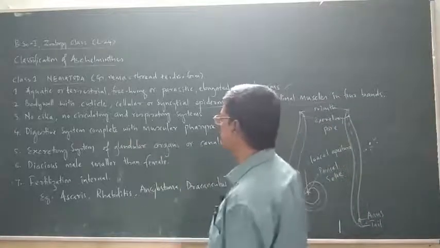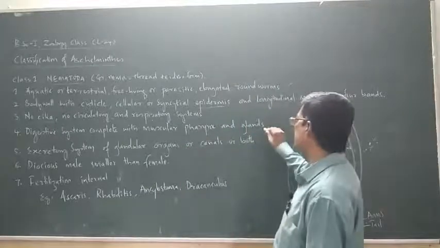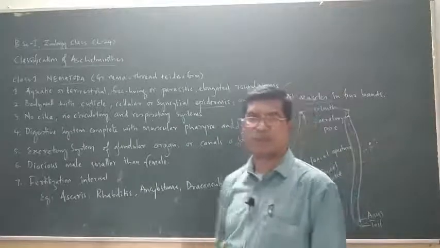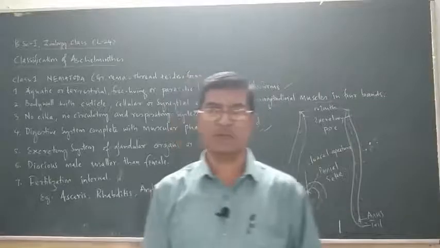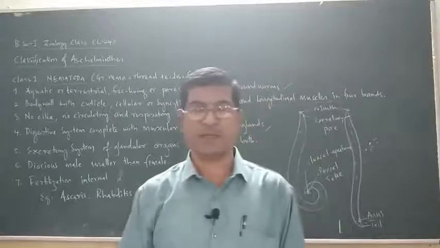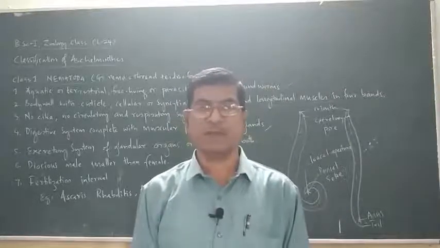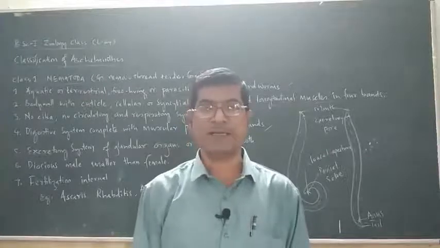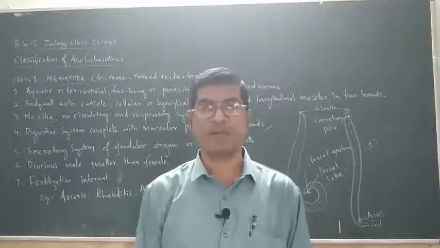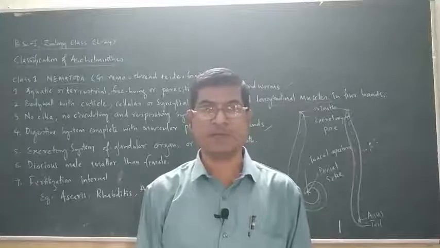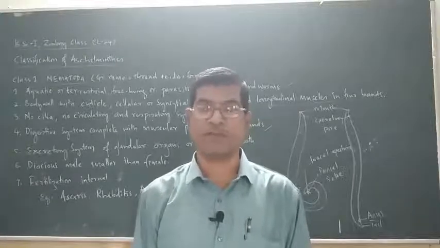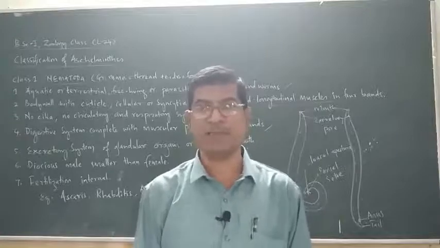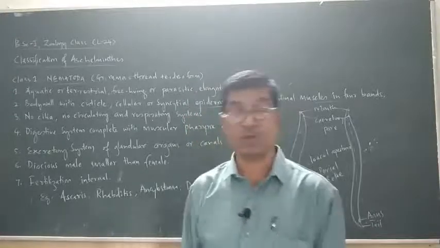Next, digestive system is complete with muscular pharynx and glands. Till Aschelminthes, there was no complete digestive system. In case of Platyhelminthes, a digestive system is there, but it was not complete. It had only one opening. But here in Aschelminthes, the digestive tract has two openings.